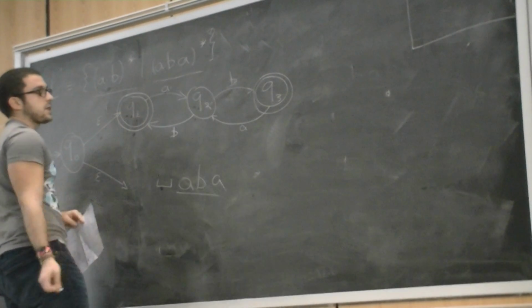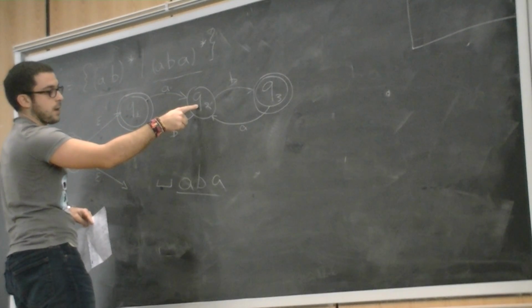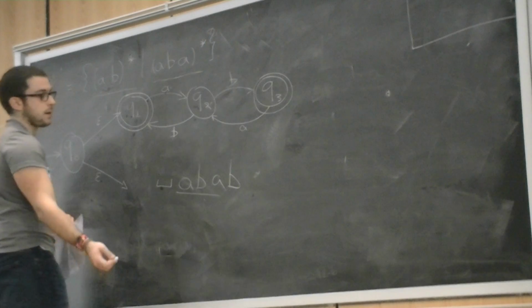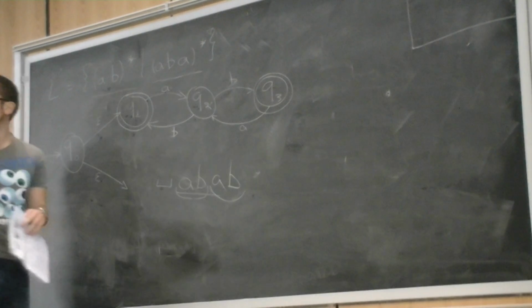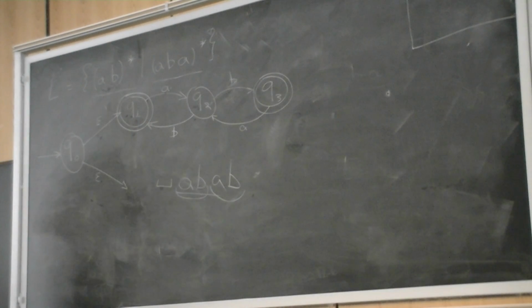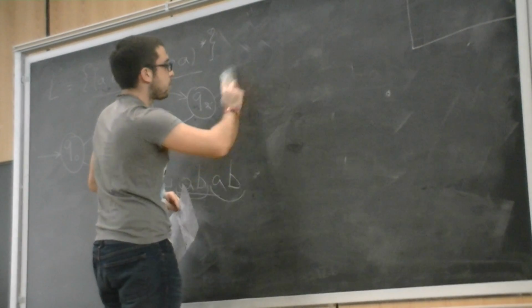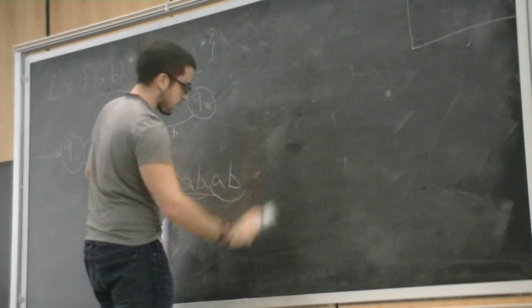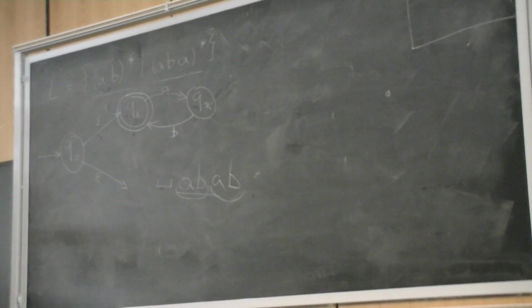I get back to my initial state. I have an A, so I get back to Q2. If I have another B, I need to accept this string. It's one repetition of AB and another. So I should accept this thing. And I get back to Q1. I don't need anything more to accept this part of the expression. Are we clear?